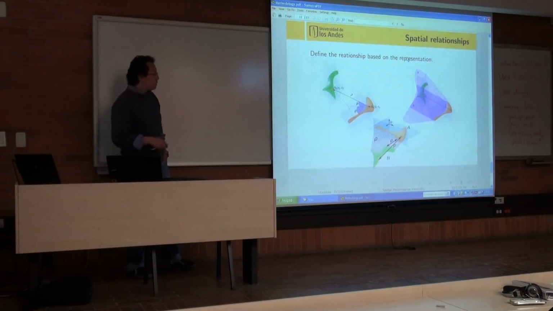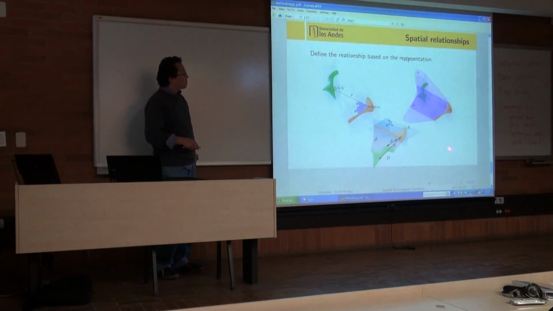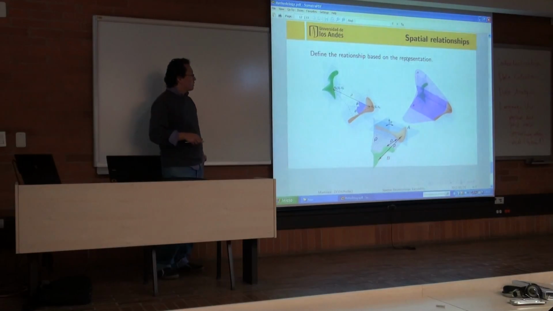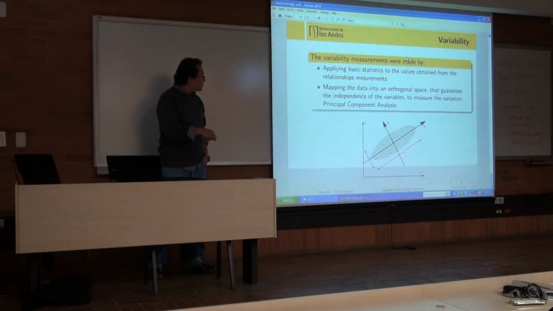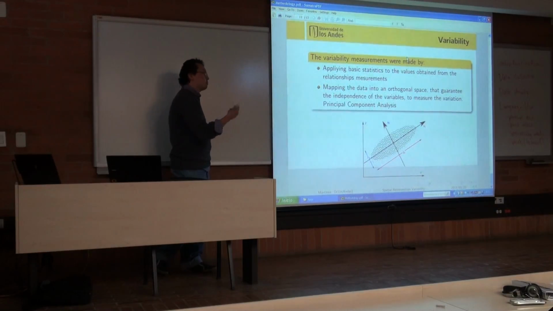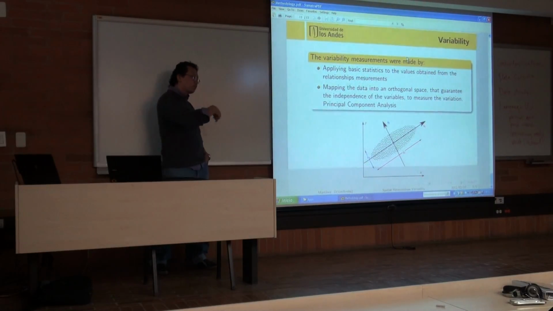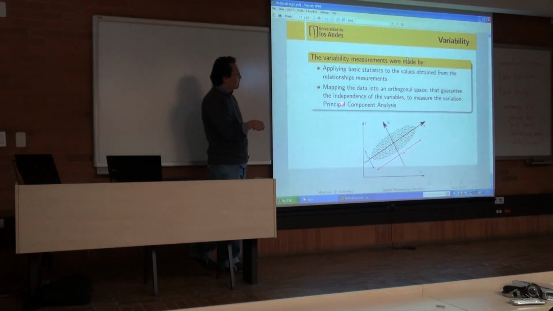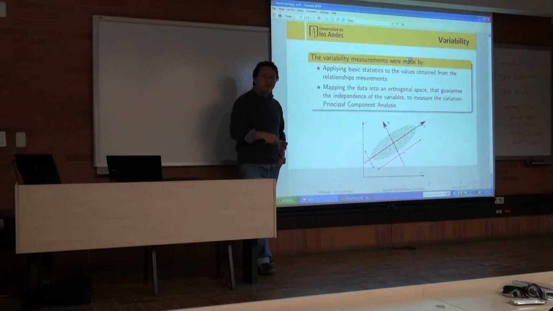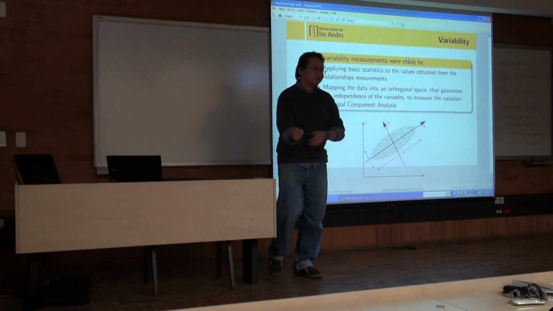But if we have a more complex structure for the measure of the spatial relationship, like the histogram of the distance or angles here, we use the PCA, or principal component analysis, to see what are the orthogonal directions that represent the dispersion of the data captured for the spatial relationships. And thank you, that's the process.